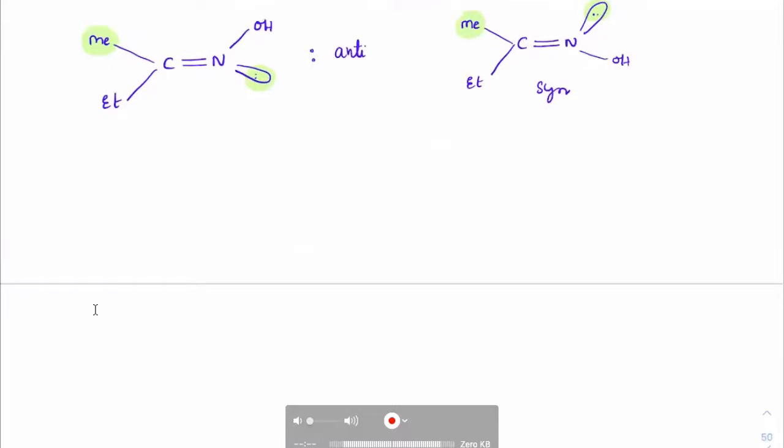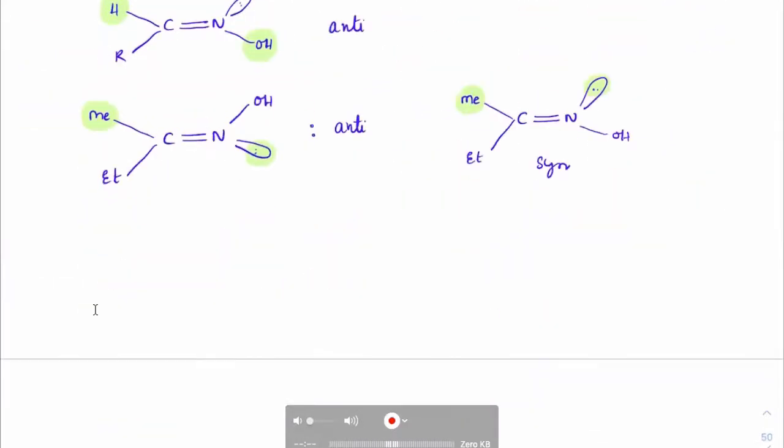Now, the last case, if you have azo groups. Azo group is when you have N double bond N with a lone pair and some other group. This is an azo form.